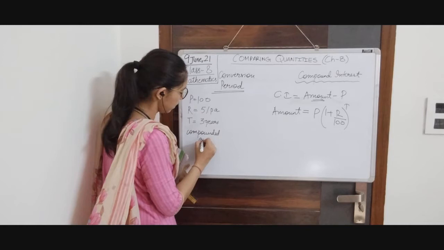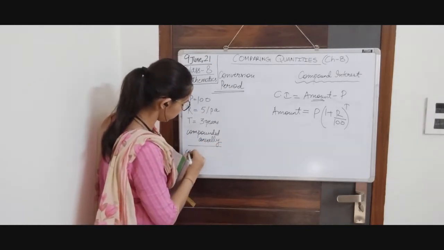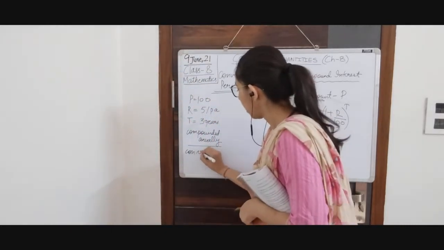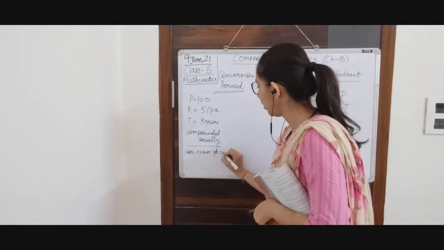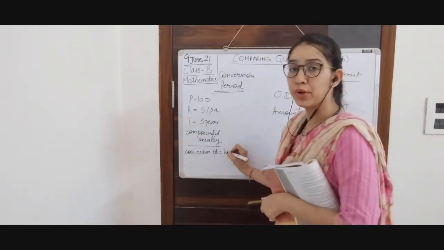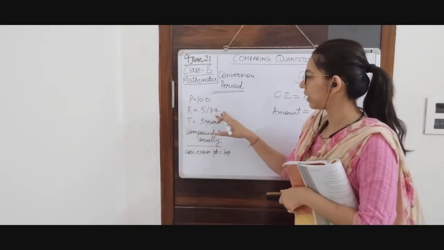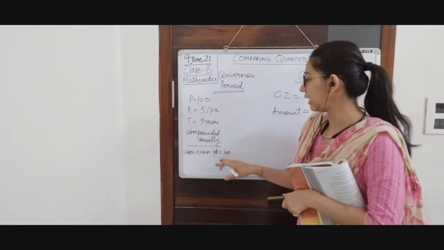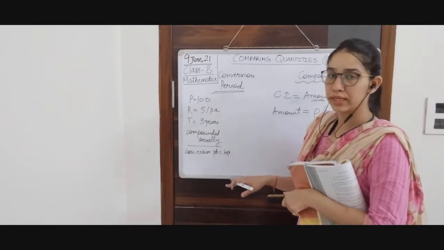Compounded annually means that the conversion period is equal to 1 year, because the rate of 5% per annum is applied after 1 year. It is compounded annually, so the conversion period is 1 year.